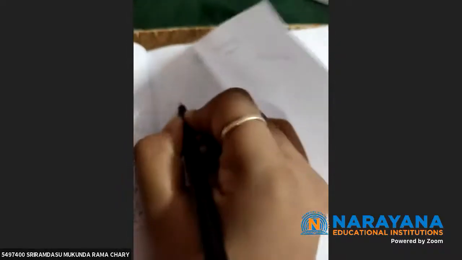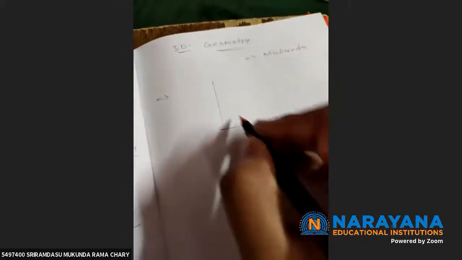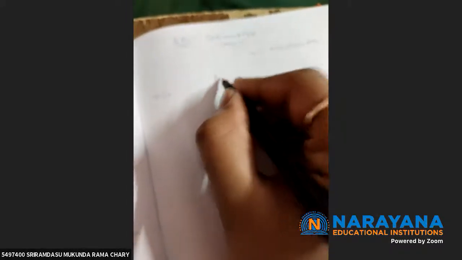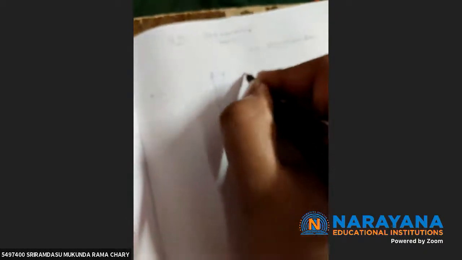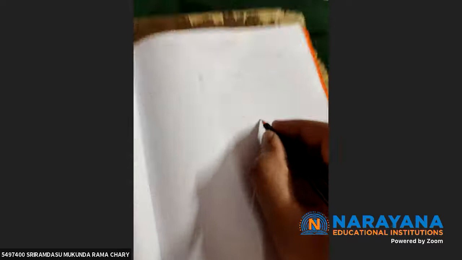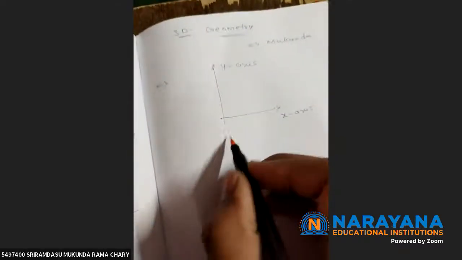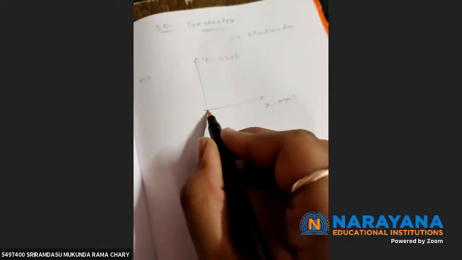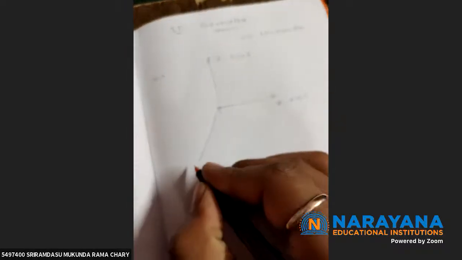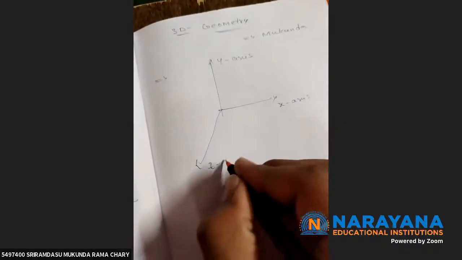Now first, we know the graph like this, with the y-axis and this is the x-axis. And another one is there, this is known as the z-axis.